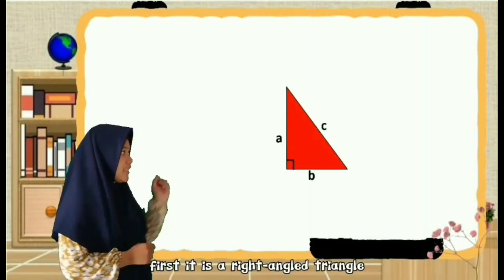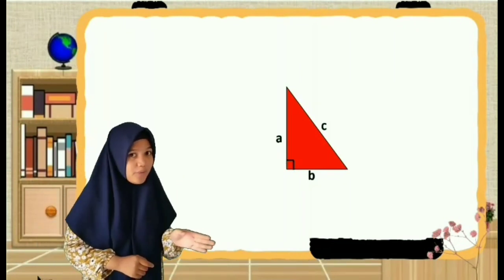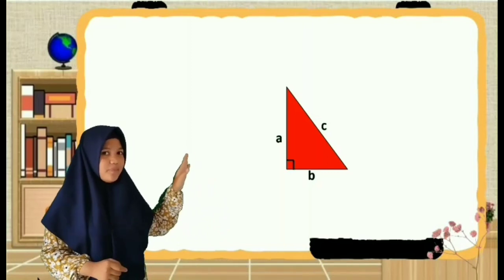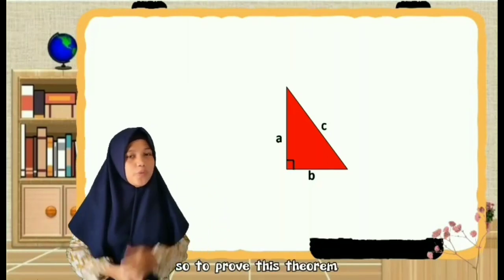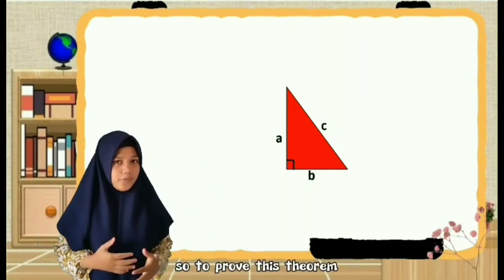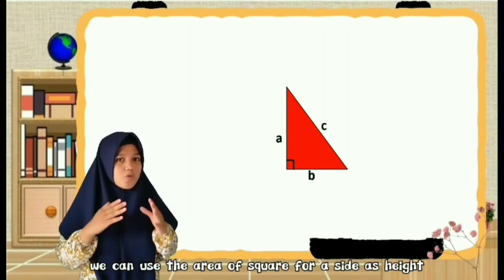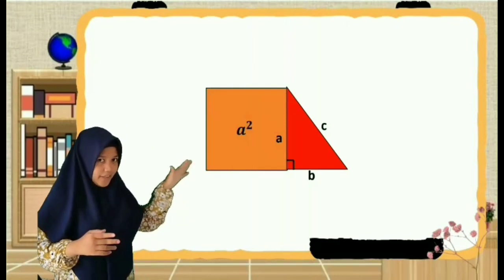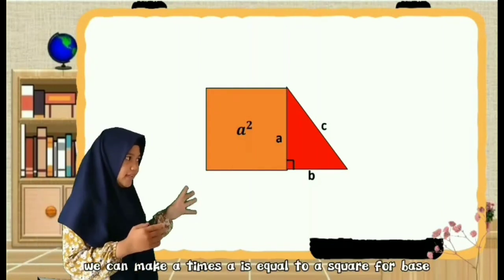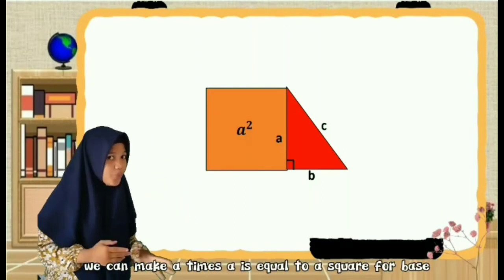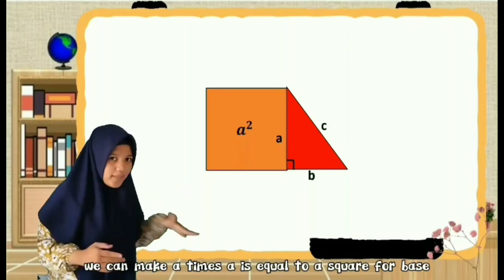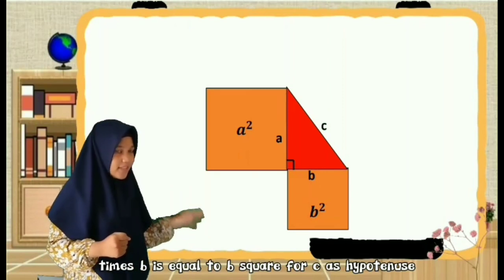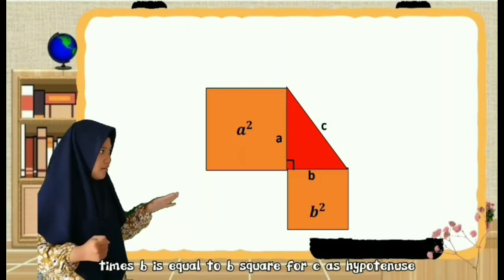First, it is a right angle triangle with side A, side B, and side C. To prove this theorem, we can use the area of a square. For side A as height, we can make A times A is equal to A squared. For the base, B times B is equal to B squared.